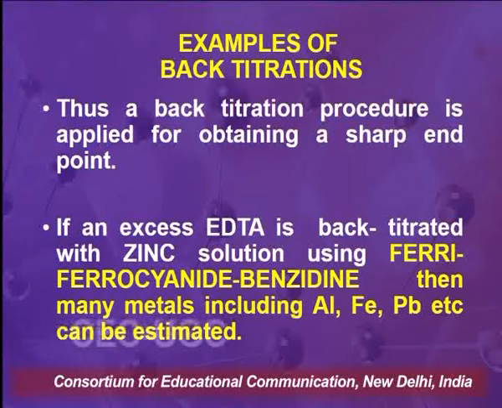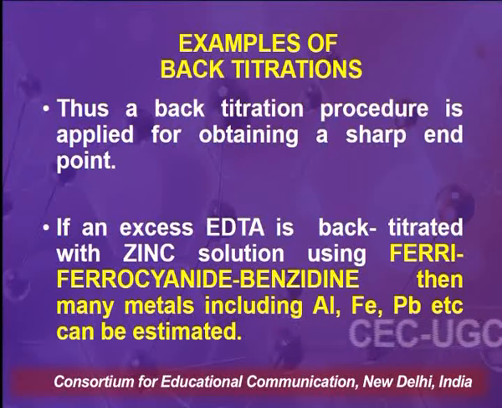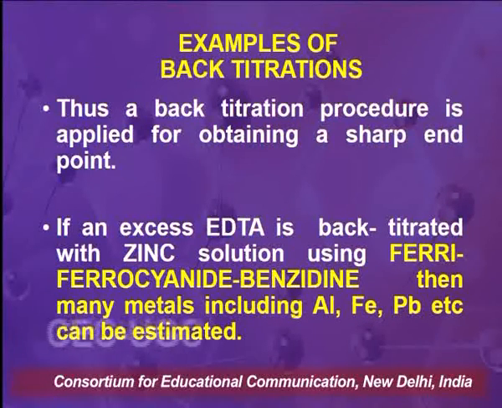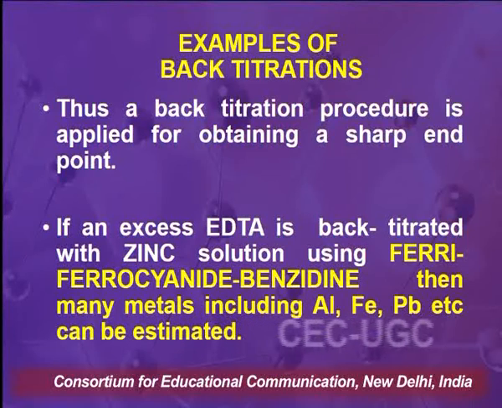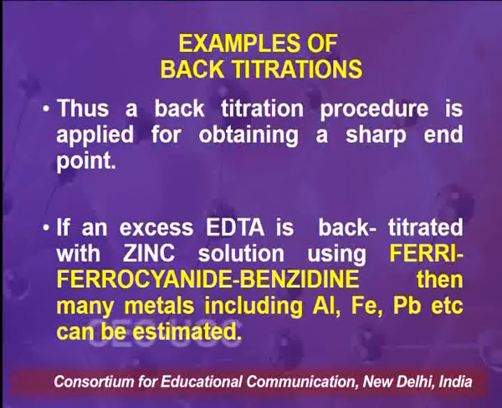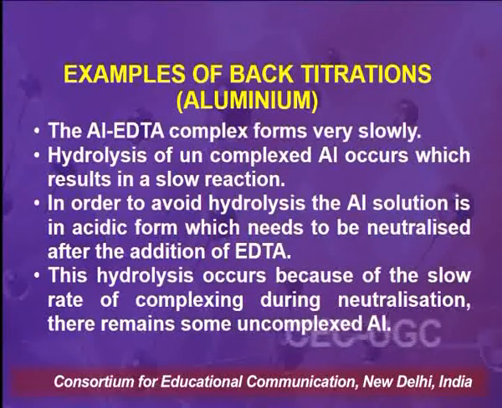So, if an excess of EDTA is back titrated with zinc solution using ferrocyanide benzidine as the indicator, then many metals including aluminium, iron and lead can be estimated. The aluminium EDTA complex in this case forms very slowly. The hydrolysis of uncomplexed aluminium occurs, which results in a slow reaction.